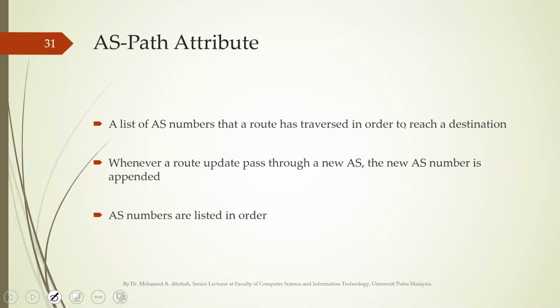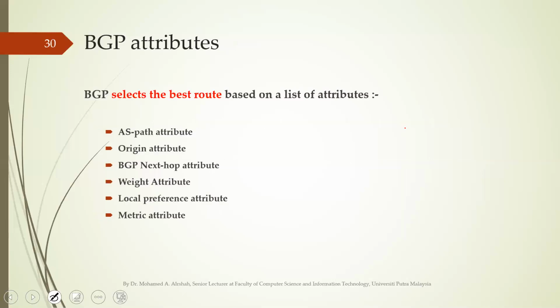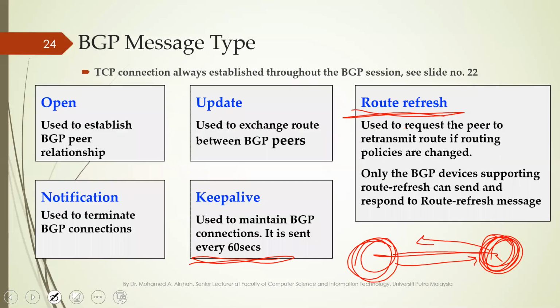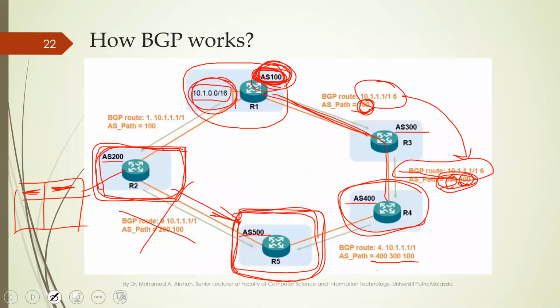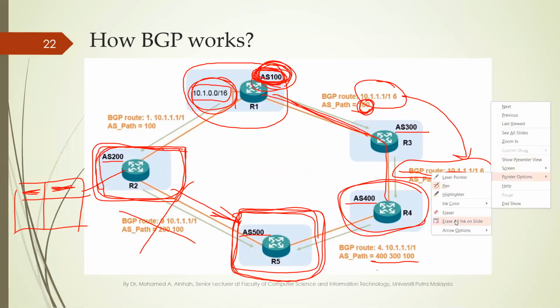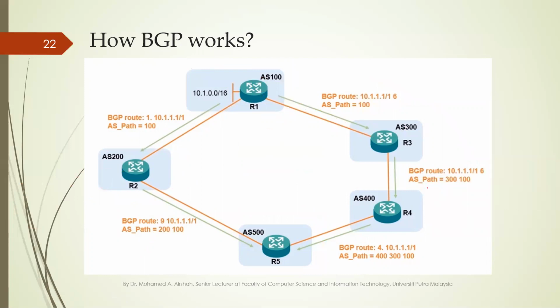The first attribute is the AS path attribute. It's a list of AS numbers that a route has traversed in order to reach a destination. If you go back to this example, let me clean this slide first to show you what the AS path is.